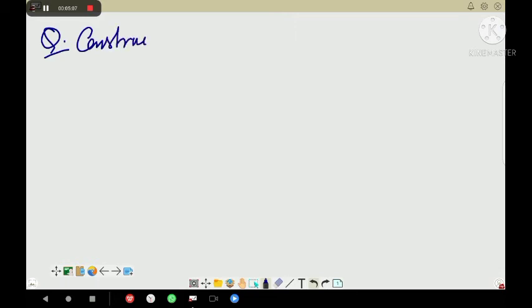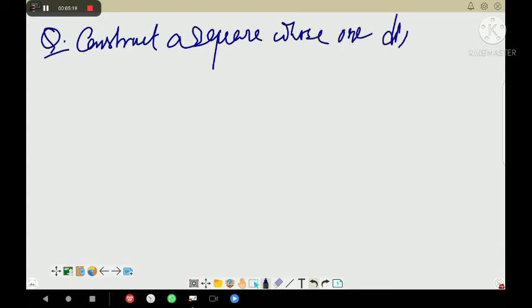Construct a square whose one diagonal is 6 centimeters.